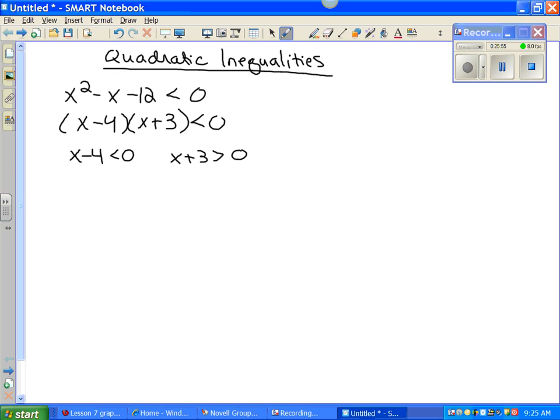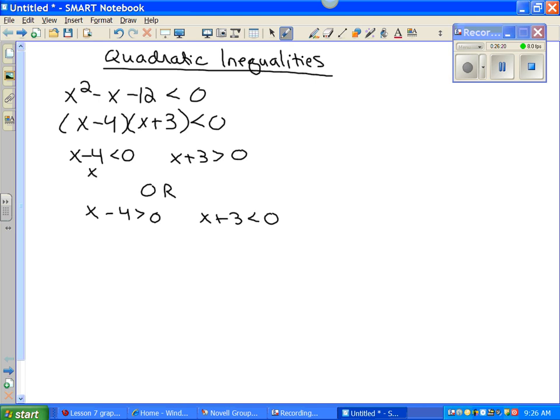But here's the trick. Or. And then you flip. X minus 4 is greater than 0. X plus 3 is less than 0. Okay, I switched it around. It's just how we have to deal with them. Bear with me. You'll see in a second, okay?